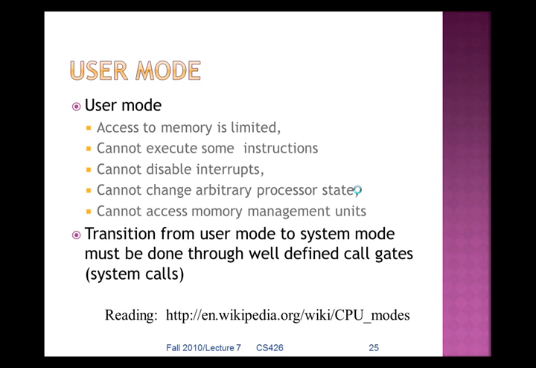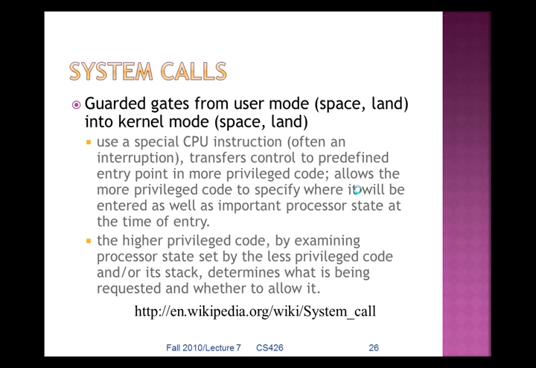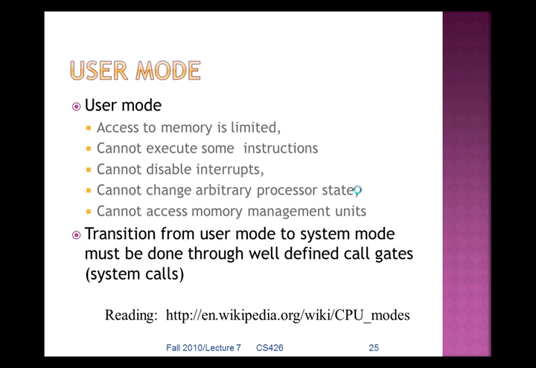Then it cannot disable the interrupts. Like we have studied, the system mode can enable and disable the interrupt, but the user mode cannot. It is not in the authority of the user to disable the interrupt. Only the system has the authority to disable the interrupts.